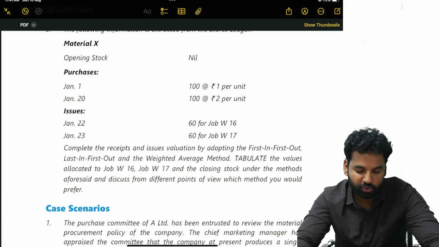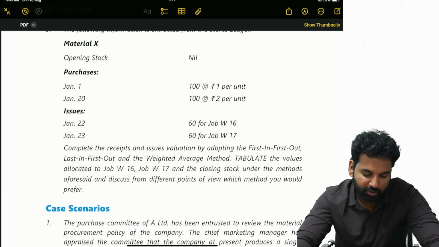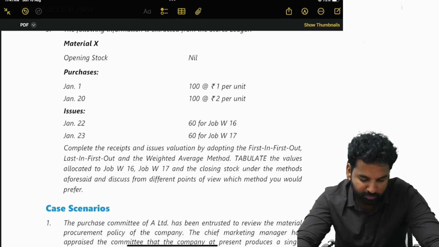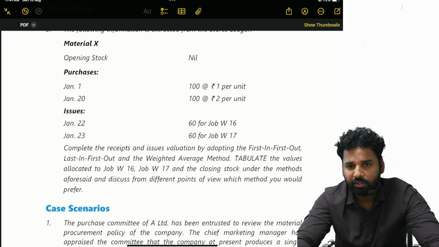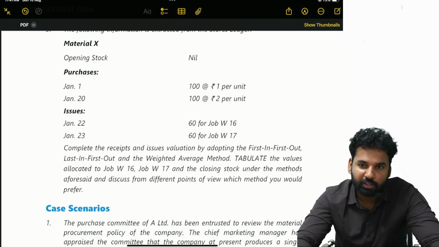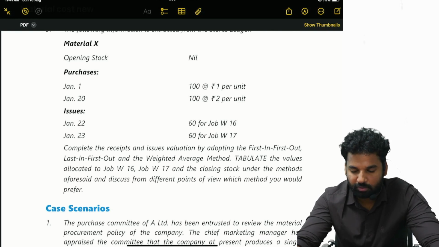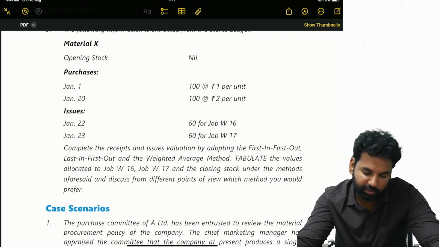Tabulate the values allocated to jobs 16 and 17. That means for job 16, what is the material cost, and for job 17, what is the material cost, under all the methods: LIFO, FIFO and weighted average.